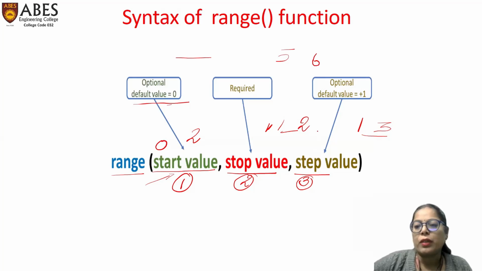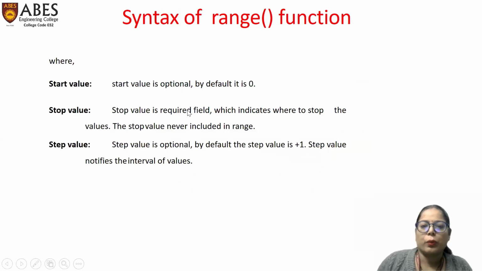And in case of a step value, if you want it to be incremented by 2 or 3, you need to mention the step value, whereas stop value is required. The same thing has been explained here: the start value is optional and by default it is 0, and the stop value is required, which indicates where to stop.